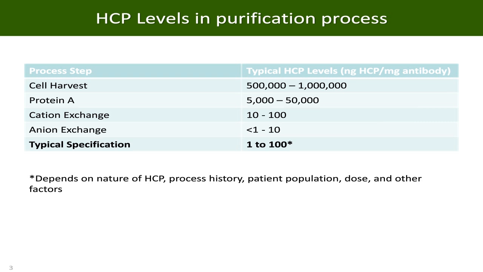After cation exchange, it should drop down to about 10 to 100, and after anion exchange, it should be less than 1 to 10. A typical specification is somewhere between 1 and 100 parts per million or nanograms per milligram of antibody. And of course, the specification depends on the nature of the host cell protein, your process history, patient population, dose, and a few other factors.